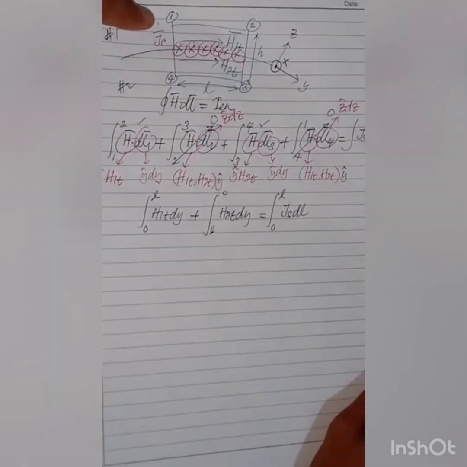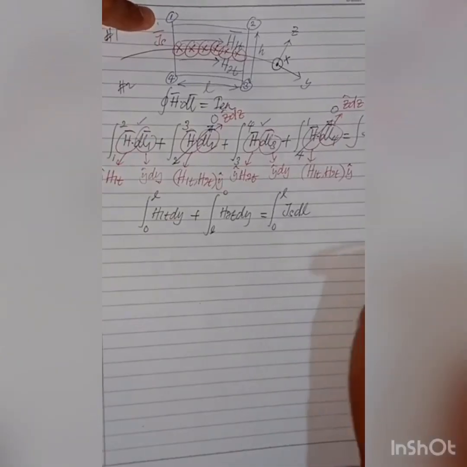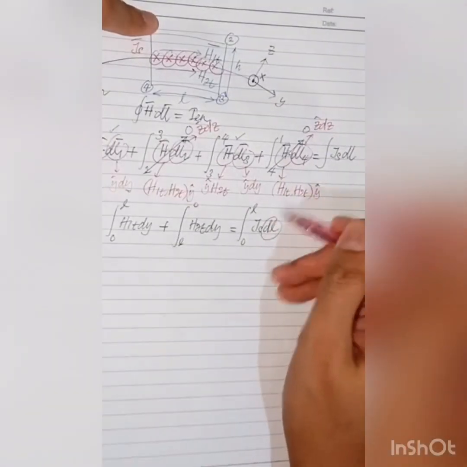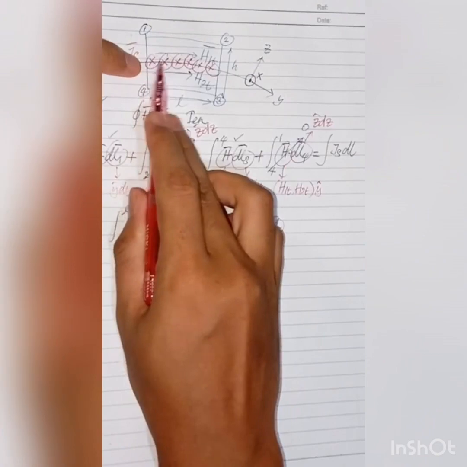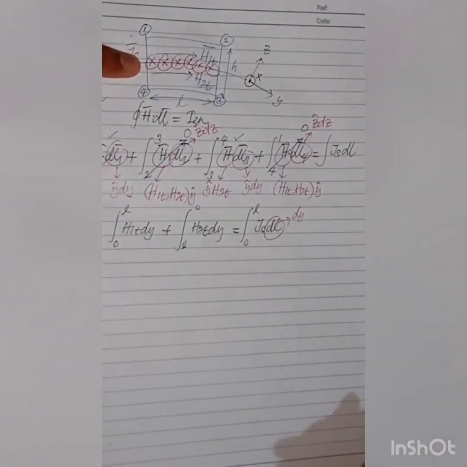Okay guys, you also can simply change this dl equal to dy, since the current density lies along the y-axis.